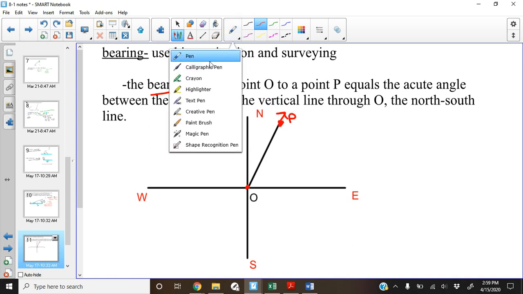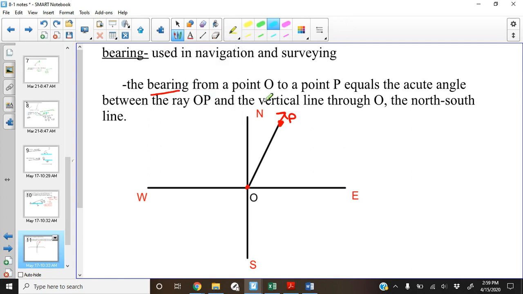So this is important. It's always to the vertical line that goes through O, which is the point that you're originating from.